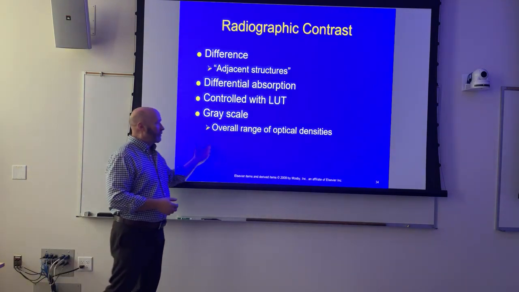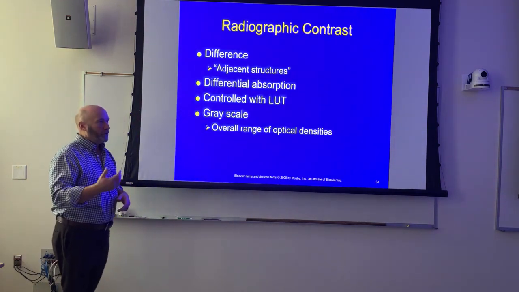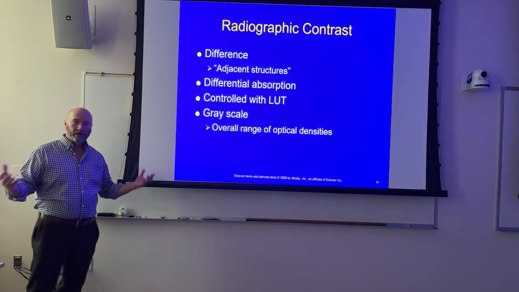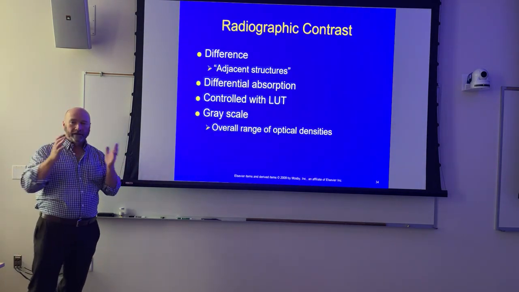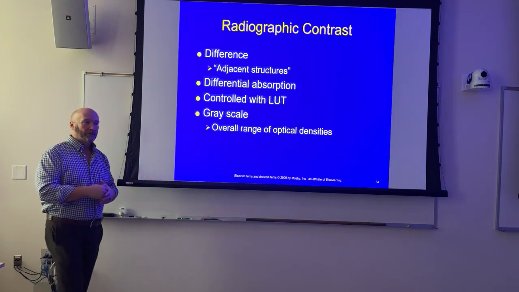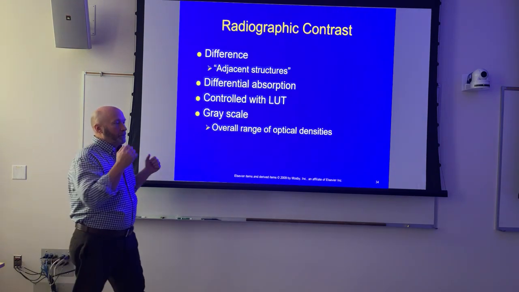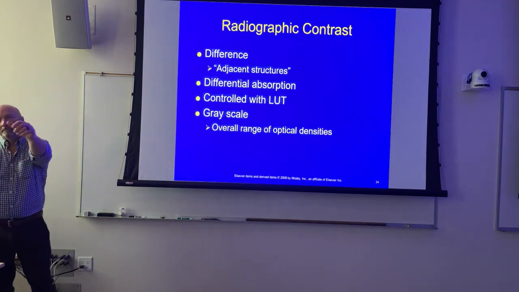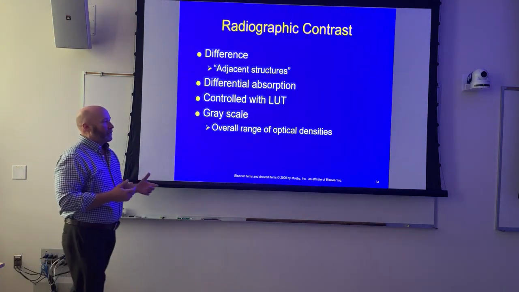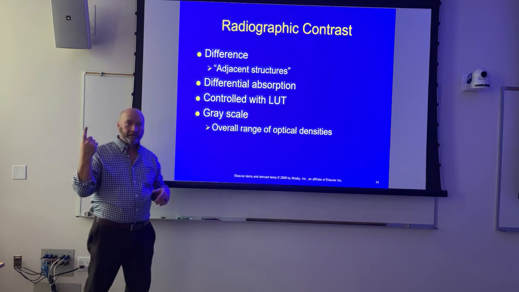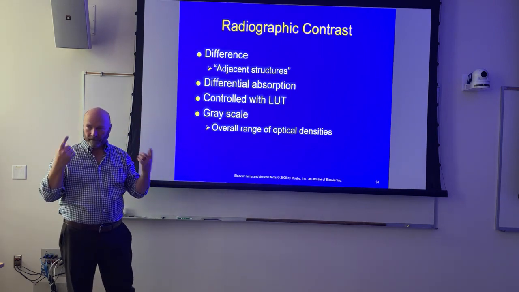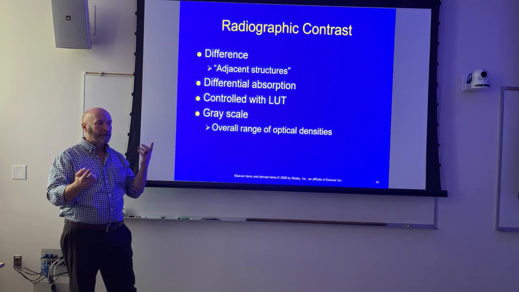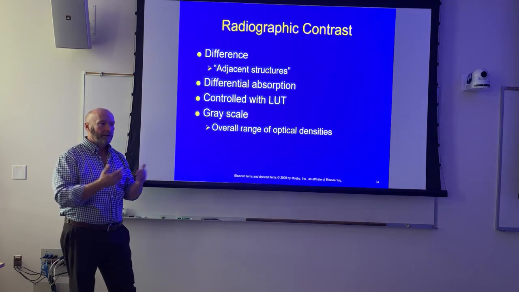So grayscale, what we're talking about with a long grayscale is we're seeing a lot of different types of tissues. Where we have high contrast, what we have is an image that's very black and white. So high contrast means a lot of difference between black and white.